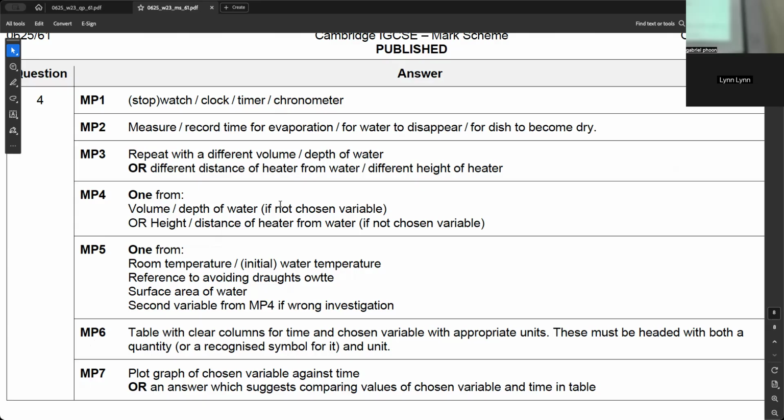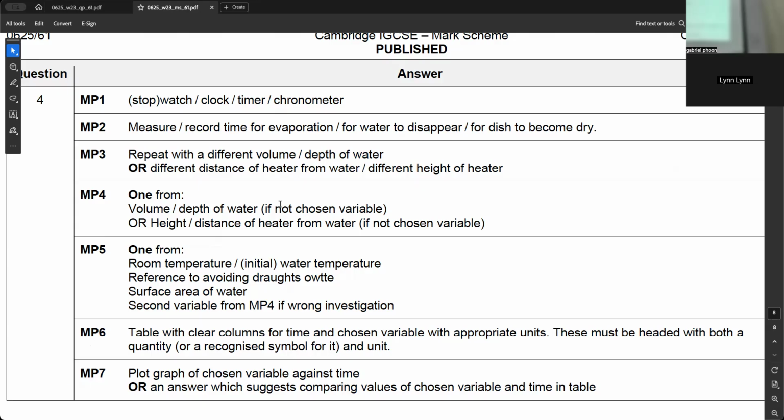Set up the apparatus as shown in the diagram. You start with this, measure 25 cm cube, right? Then the additional apparatus needed will be a measuring cylinder also.